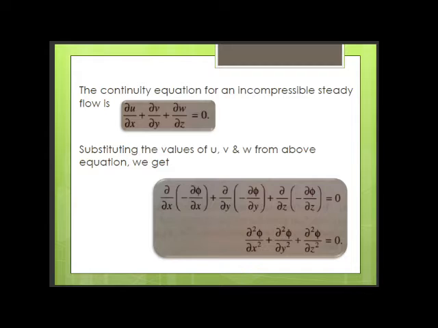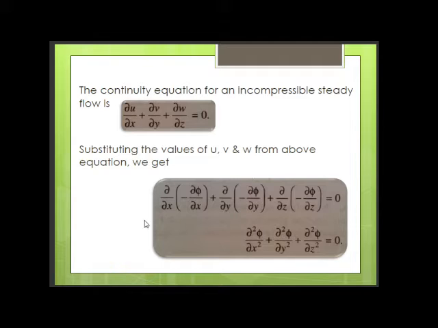If we put the values of u, v and w in this continuity equation, then it becomes dou by dou x of minus dou phi by dou x, plus dou by dou y of minus dou phi by dou y, plus dou by dou z of minus dou phi by dou z, is equal to 0.